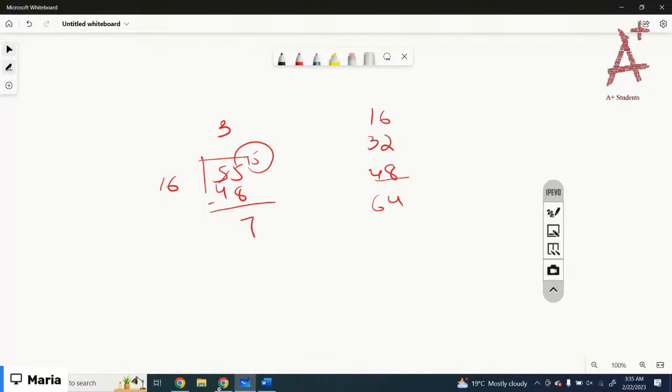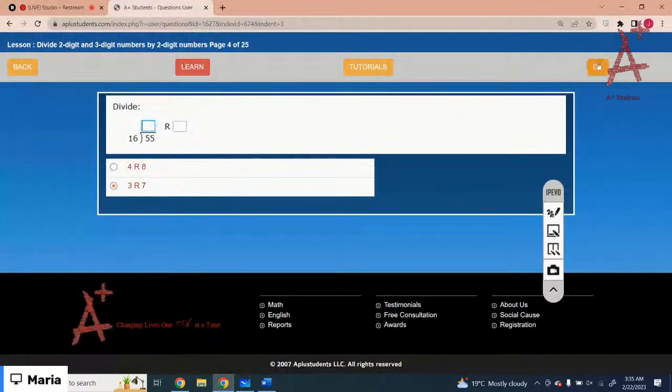So that means it is 3 remainder 7. The correct option is 3 remainder 7.